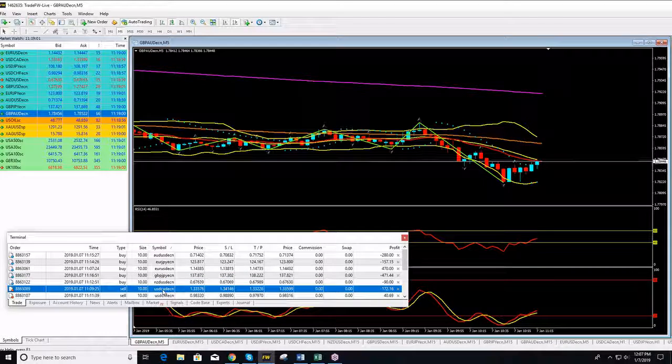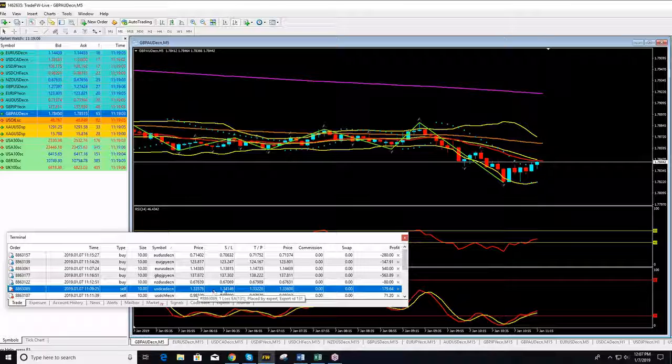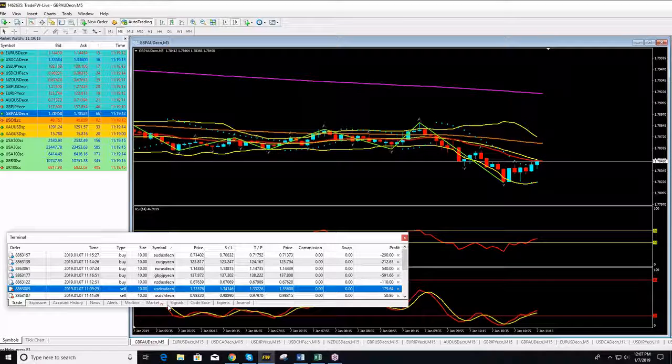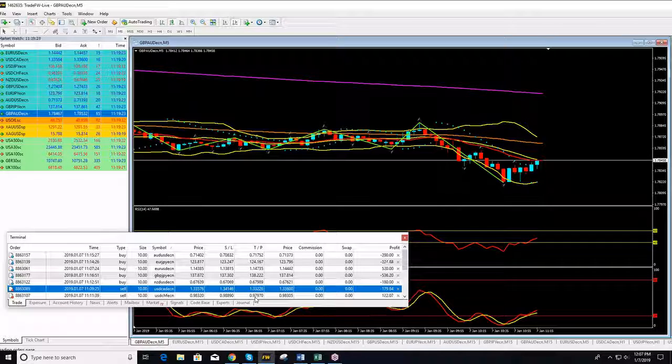I'm shorting the Loonie dollar CAD at 1.33576, stop loss 1.34146, and TP 1.33226. I'm shorting the dollar CHF at 0.9832, stop loss 0.9889, TP 0.9797.